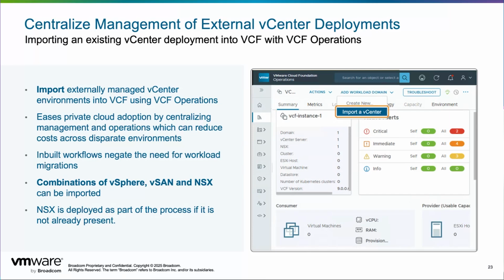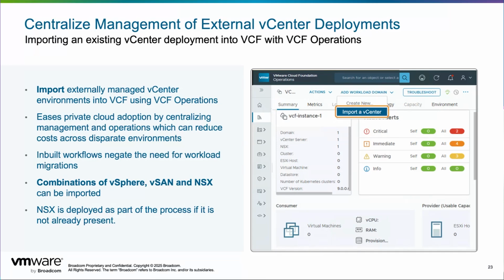And you can import clusters that have NSX already configured. So here you'll see in the screenshot on the right, you have the ability to create a new workload domain as well as import a vCenter. And when you import a vCenter, it basically is going to scan that vCenter topology. It will make sure it meets the requirements to be imported. It will give you a list of any failed checks that you might need to address before you can import it.